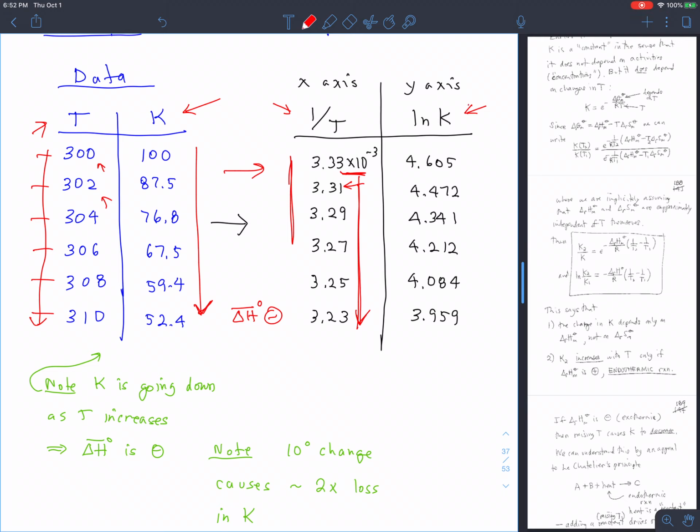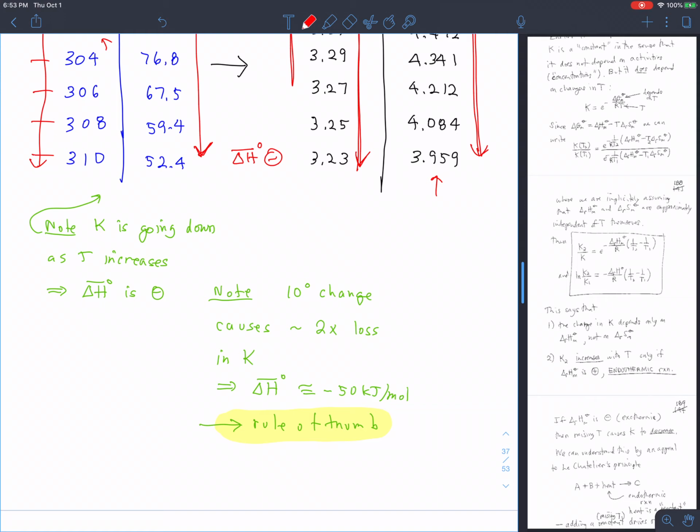When we take the logarithm of K, the natural log of 100 is 4.605, and so on all the way down, so K is decreasing. Notice there isn't a huge range in the value of log of K either. That's because when you take the logarithm of any number, the variations get smaller; it varies very, very slowly.